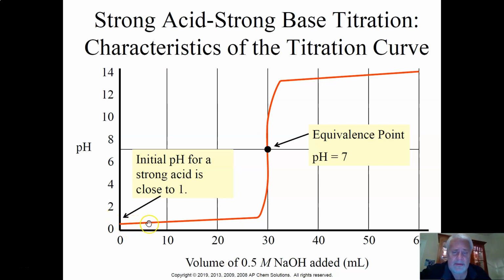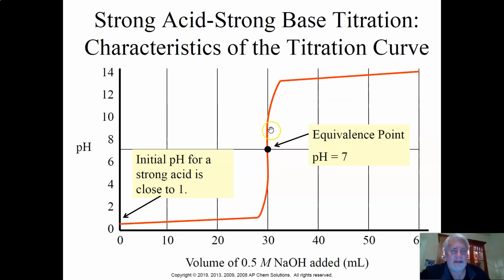So what happens is you just keep adding and adding and adding, and you get those slight increases in pH. And then we noticed when we did this titration in the lab that it just skyrockets as you near the equivalence point, which can be pointed out right as 7 on this particular graph.